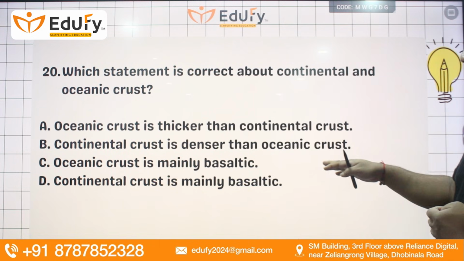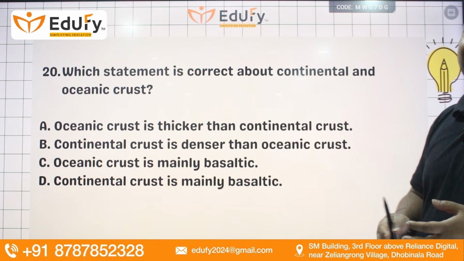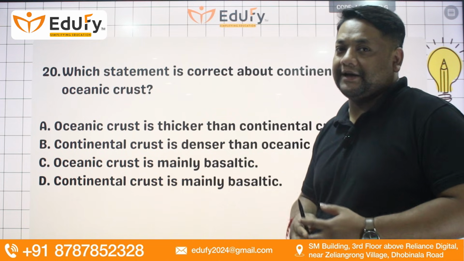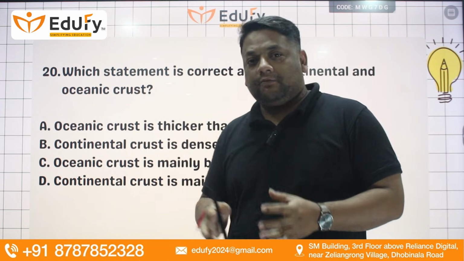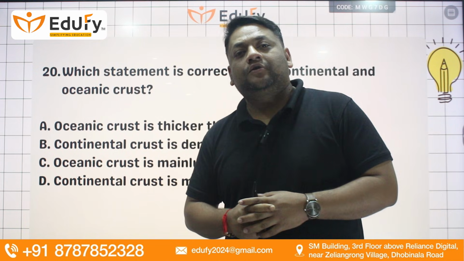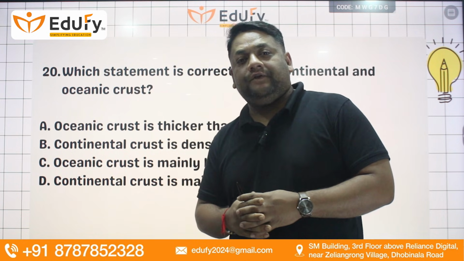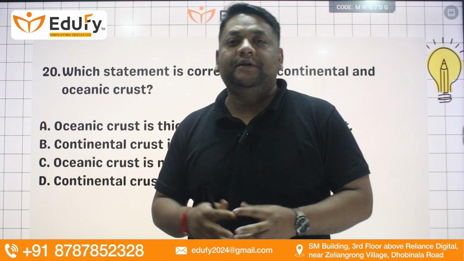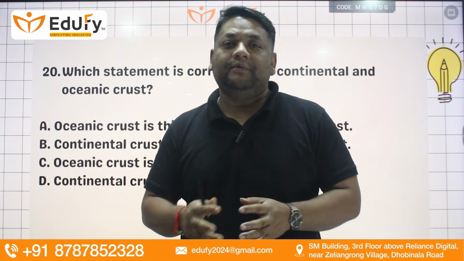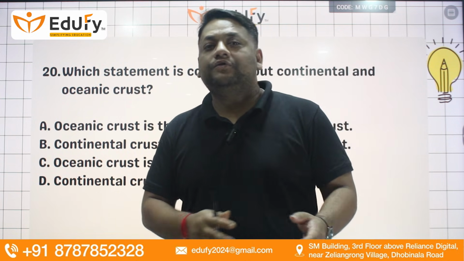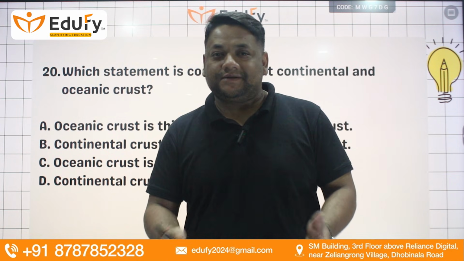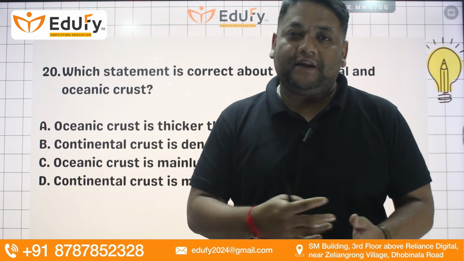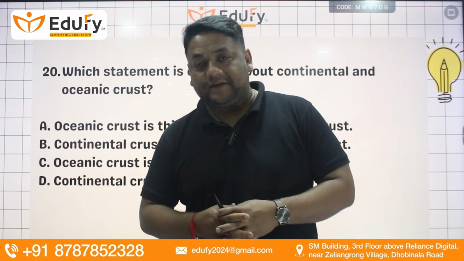Continental crust is mainly basaltic. No, D is not correct, B is not correct, and A is not correct. Oceanic crust is generally formed by the solidification of magma which comes out from the mantle. And it immediately turns into solid without mixing with silica. So oceanic crust is basaltic by nature because of the negligible addition of silica.